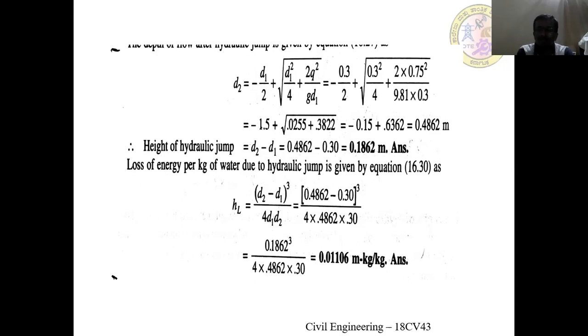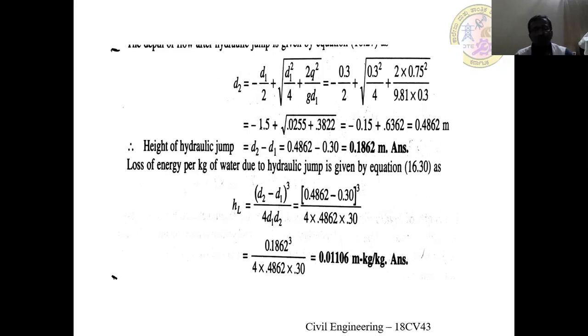So you know D1, and you know small q. From that, it is possible to find the depth of flow after the hydraulic jump. The equation relating D1, D2 and small q is written as D2 equals D1 by 2 plus the square root of D1 square by 4 plus 2q square by g D1.